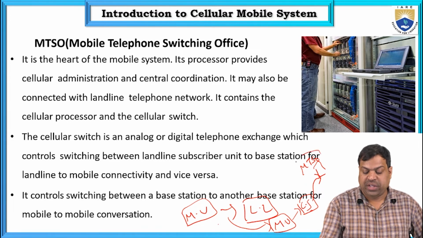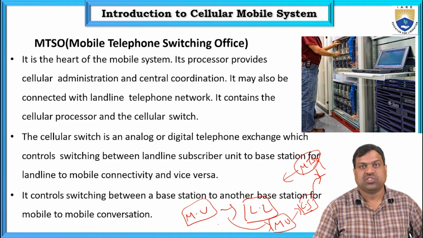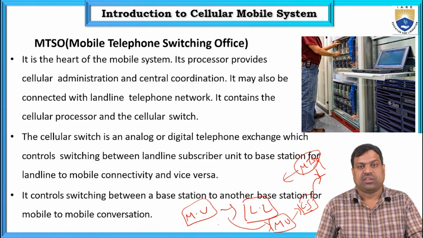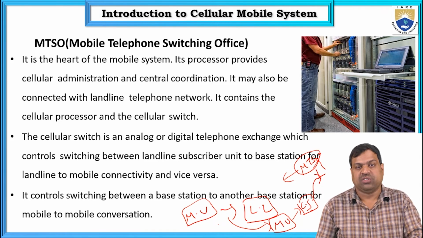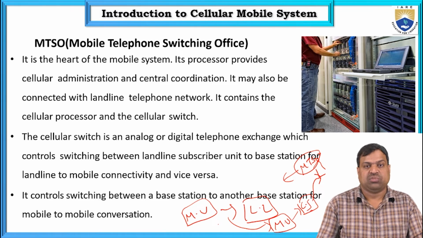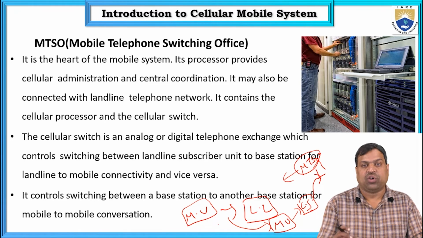So what is the main advantage of the MTSO here? It is the heart of the mobile system and provides cellular administration and central coordination. It also handles call recording, call maintenance, call disconnection and billing, meaning the talk time between the transmitter and the receiver. Suppose one person talks with another for 3 minutes 50 seconds. What is the call duration and what is the cost?